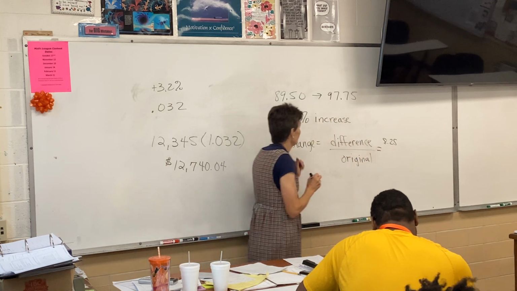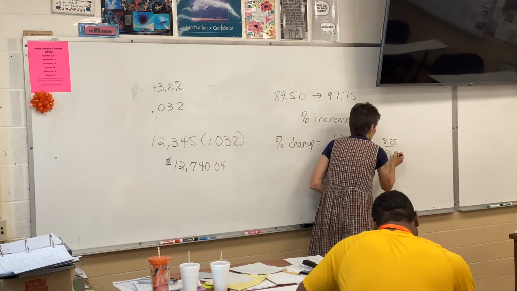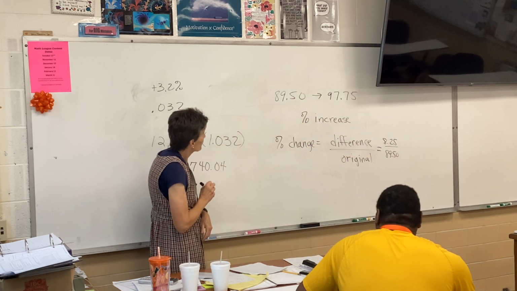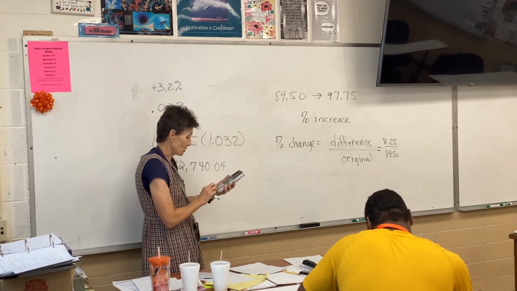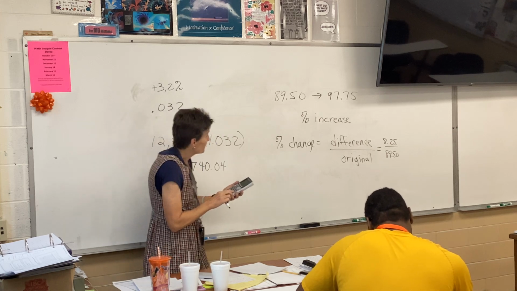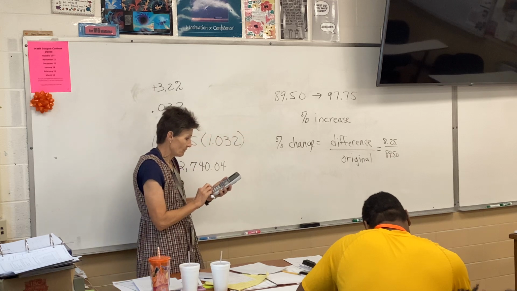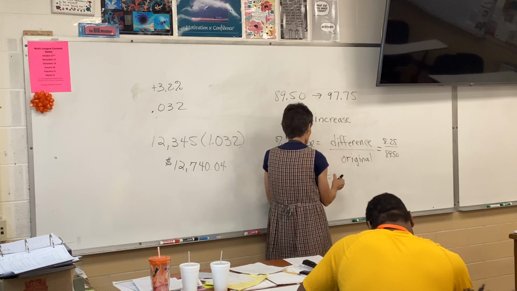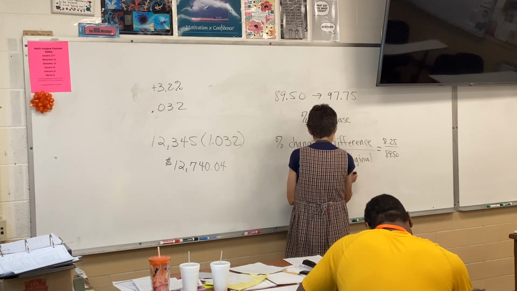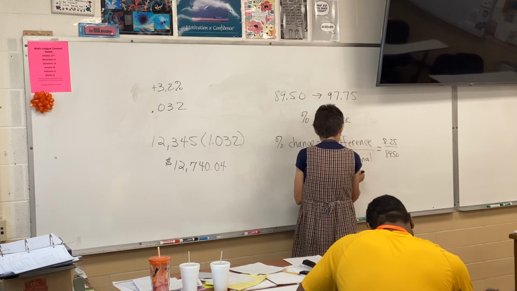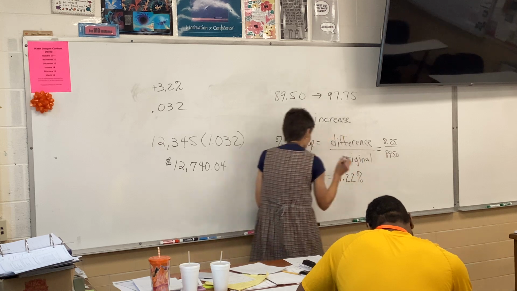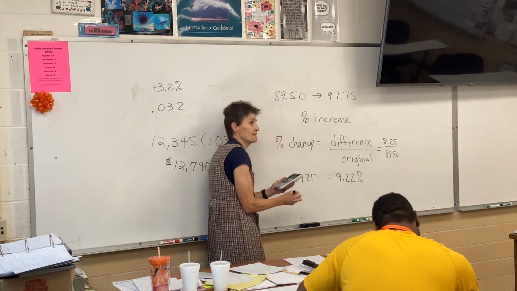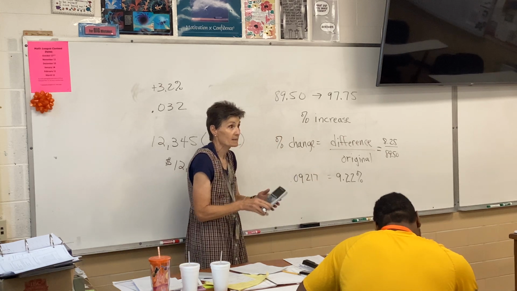So our original was $89.50. So we're going to do that division. 8.25 divided by 89.50. And it looks like our increase is about 9.22%. So I got a decimal and I typed that in, but it says, what is my percent increase?